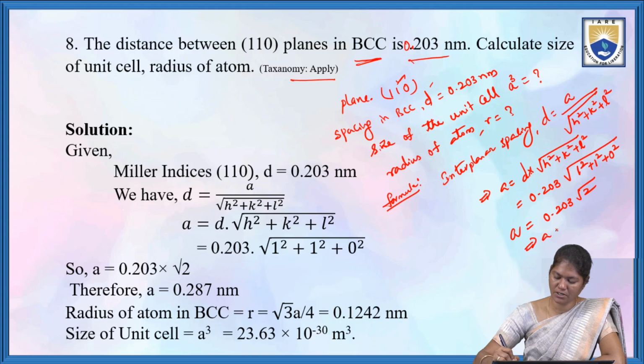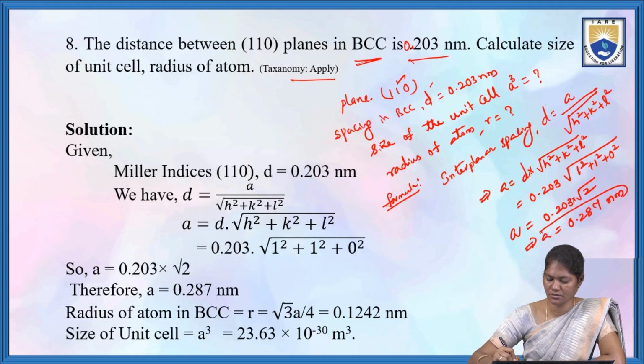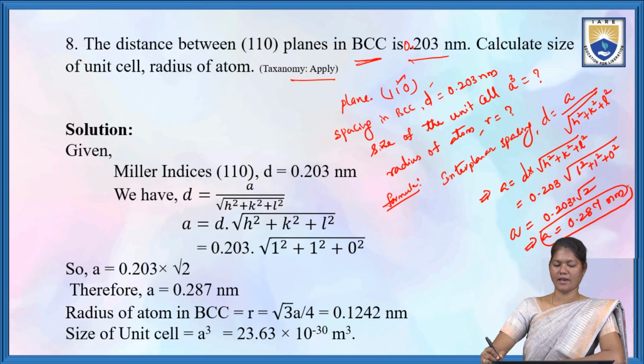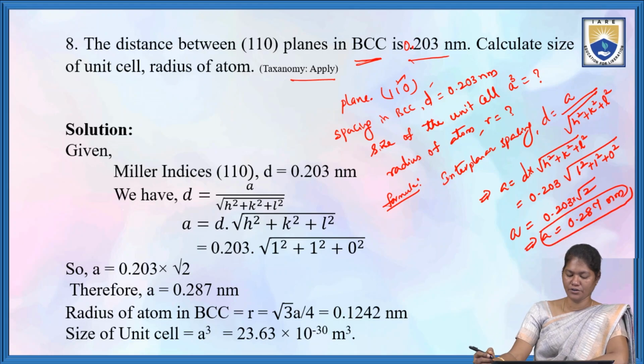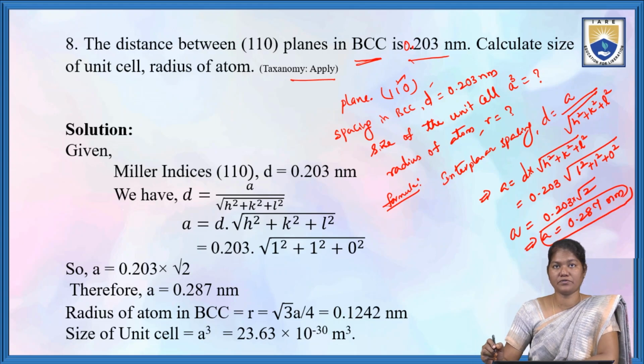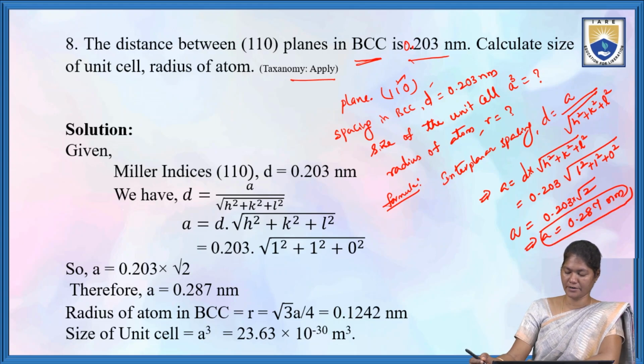So 0.203 into root 2, a comes to 0.287 nanometers. This is the a value. But we have to find the size of the unit cell, and we have to find the radius of the atom.